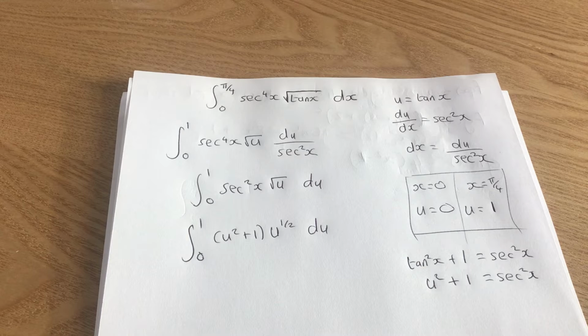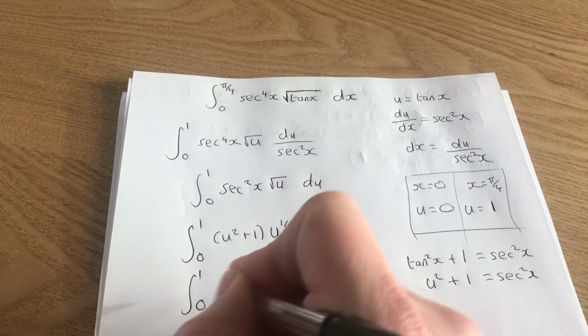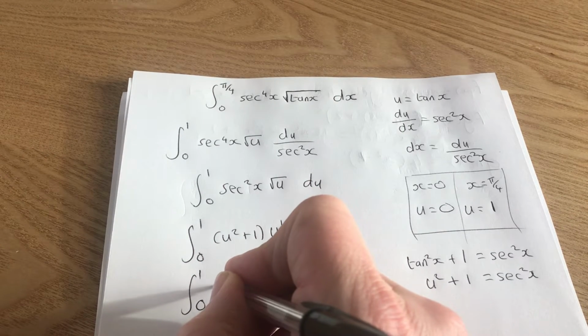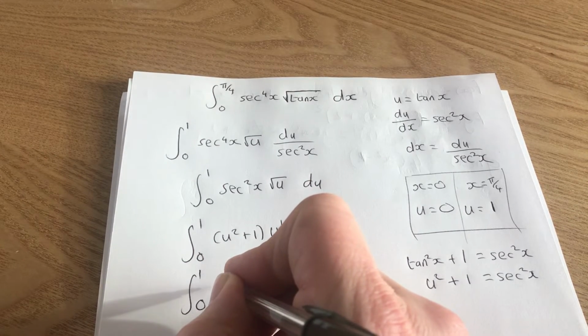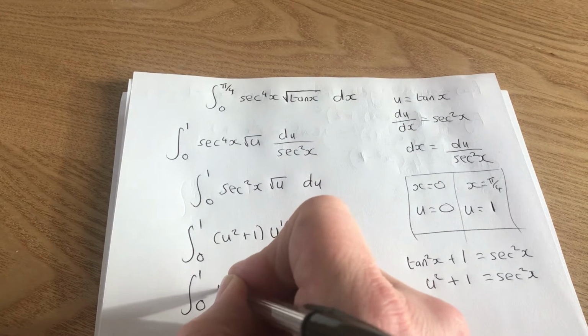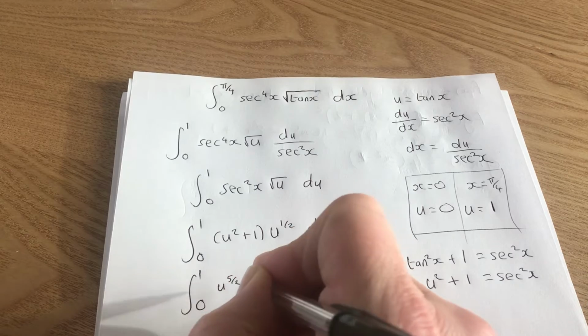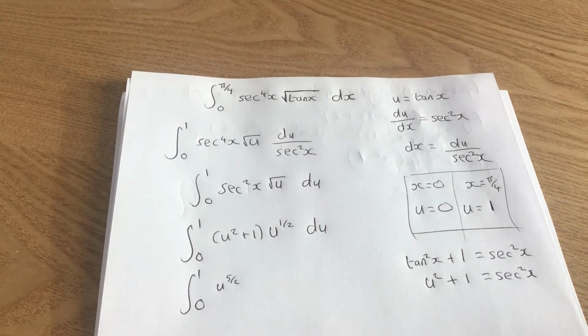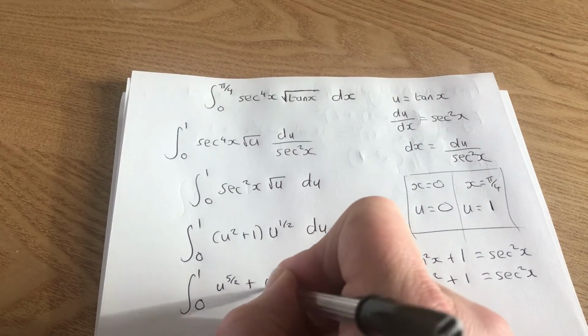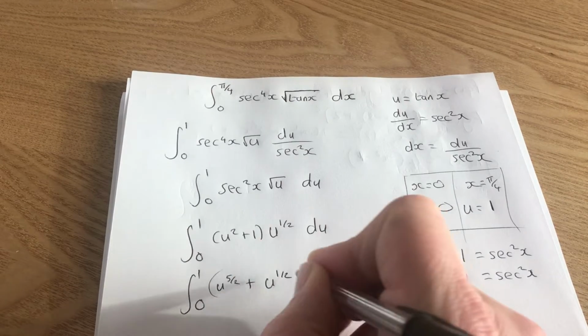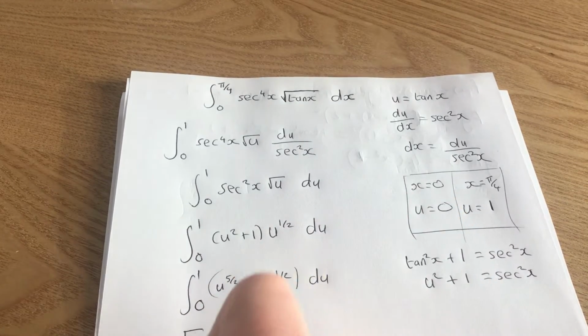Now, we've done a lot of the hard work there, really. We've changed the limits and we've got everything in terms of u. I'm going to expand this bracket, so u squared times u to the half. So that's u to the 5 over 2, plus u to the half, du.